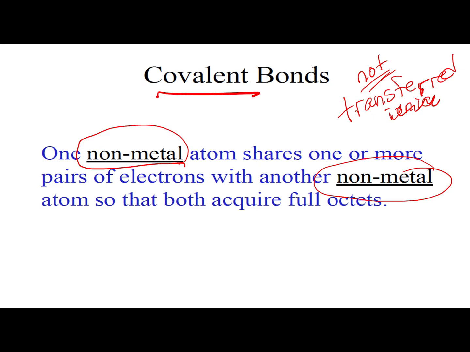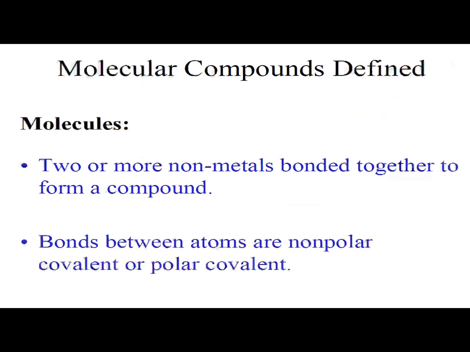Basically, the electron density from the valence electrons of both atoms is going to increase between the two nuclei. And so covalent bonding, again, is between nonmetals.